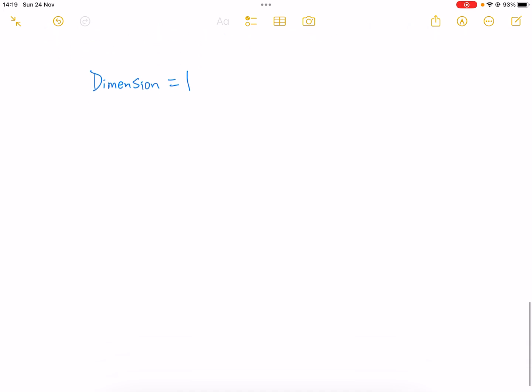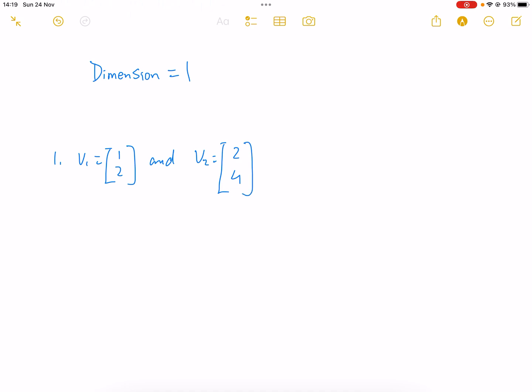So let's recap everything we just learned. We checked if the vectors v1 and v2 are linearly independent and found they are dependent.